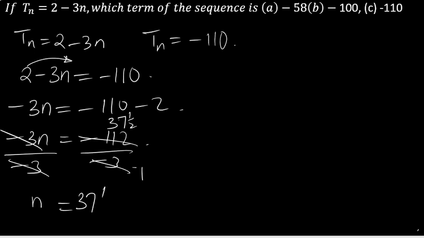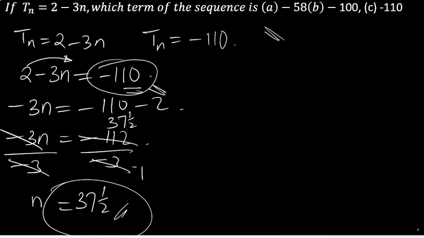So 37 and a half. Since it is 37 and a half, it means that this minus 110 is not a term of this sequence. Since we were supposed to have an integer and we did not have an integer, this is not a term in that sequence.